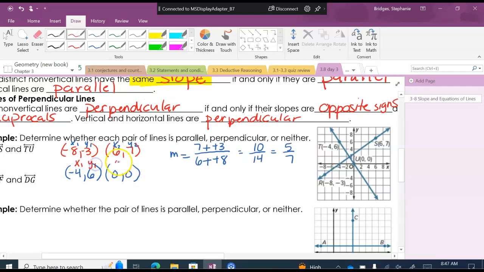We're going to label our points x1, y1, x2, y2, and we're going to plug it into our slope formula to find the slope. Sorry, I lost my train of thought. I was looking for something else. Y2 we said was 0. Y1 is 6. X2 is 0. X1 is negative 4.